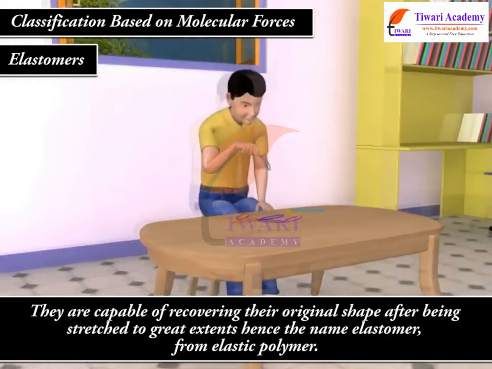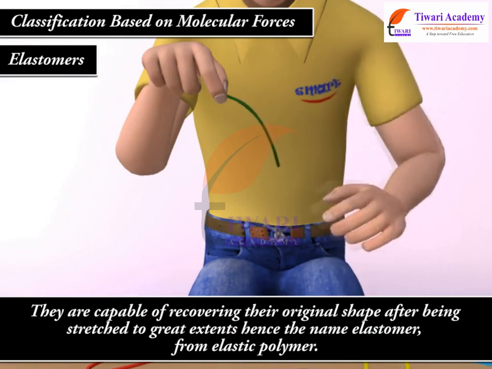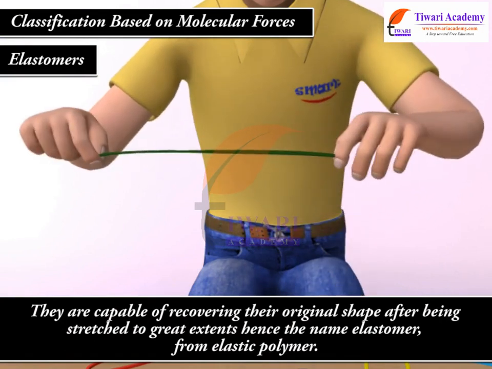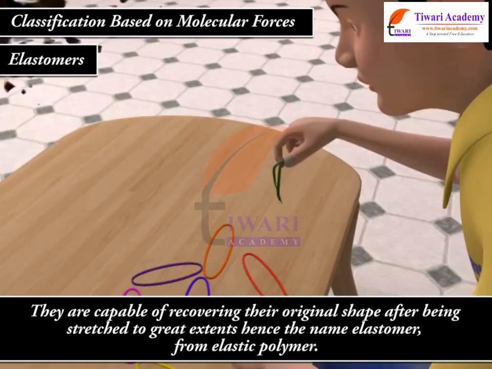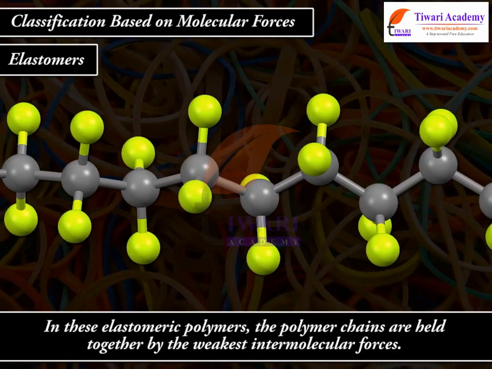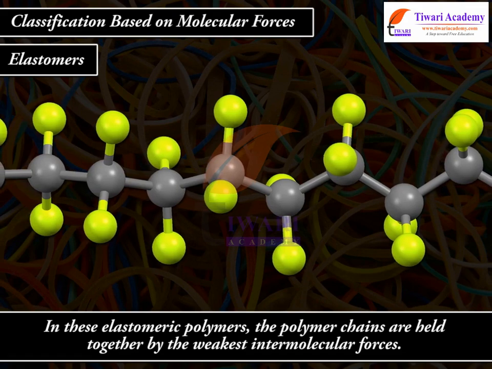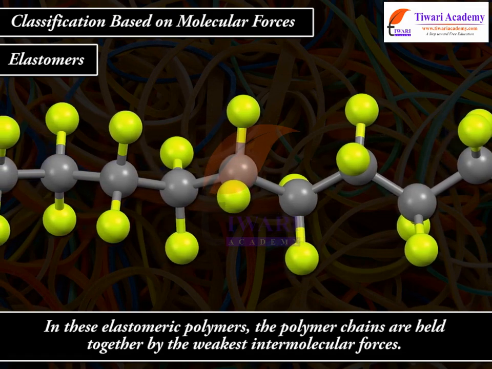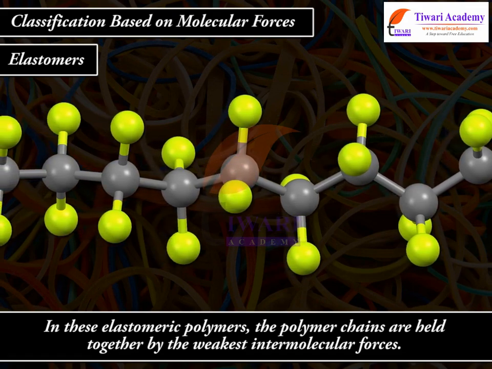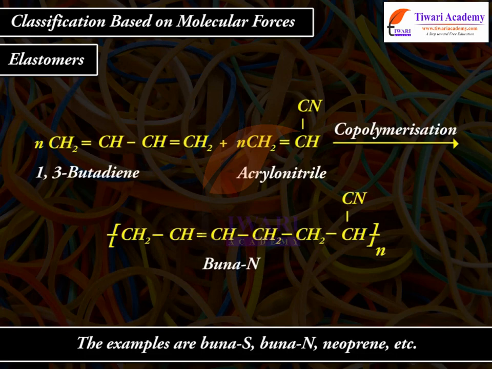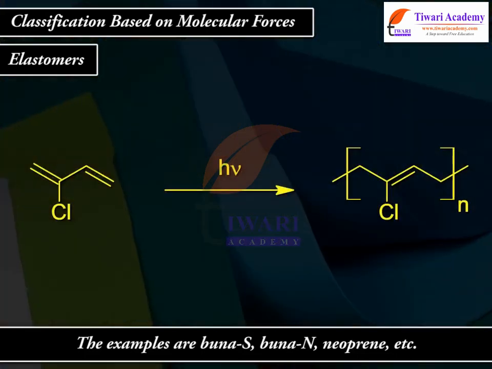They are capable of recovering their original shape after being stretched to great extents, hence the name elastomer from elastic polymer. In these elastomeric polymers, the polymer chains are held together by the weakest intermolecular forces. The examples are Buna-S, Buna-N, neoprene, etc.